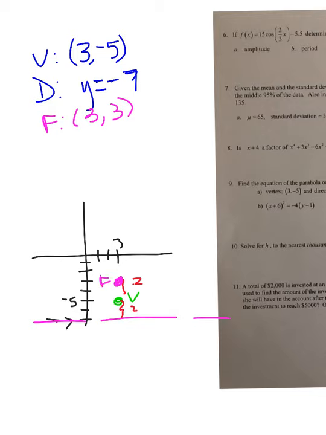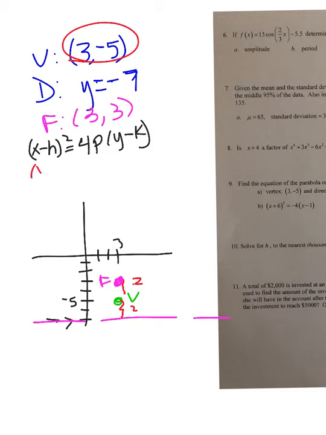All right, now we want to come up with the equation. Now remember, the model for the equation is x minus h squared equals 4p times y minus k. h, k is the vertex. So I'm starting off with x minus 3 squared equals 4 times p. I didn't get that yet. And y plus 5, right? Because remember, we changed the signs because I have a negative here, so it makes it a positive.